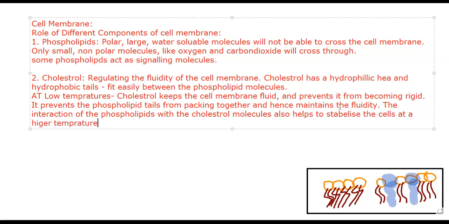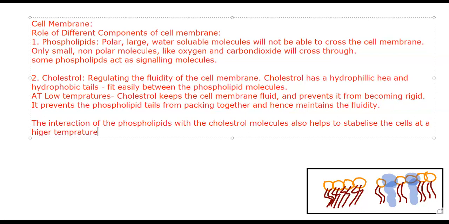Because what would happen at higher temperature? At a higher temperature, there is a risk that it's going to become too fluid. That's the problem. Too much kinetic energy. They've become too fluid, right?